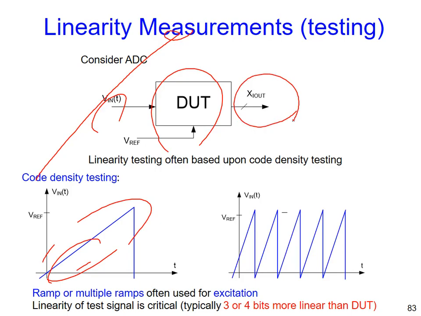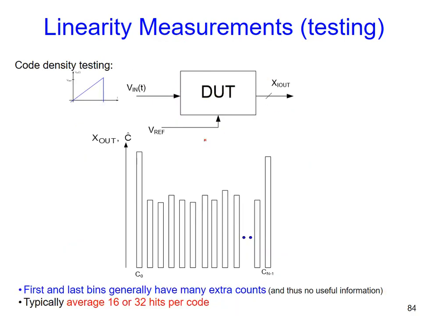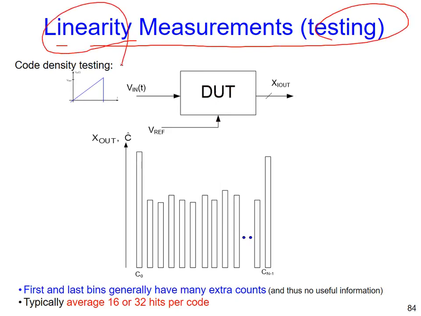Or you can apply a sawtooth or triangular wave periodically. If it is ideal, then not only will all the codes show up, but you will also have the same number of counts. That is the idea. We call it a histogram.